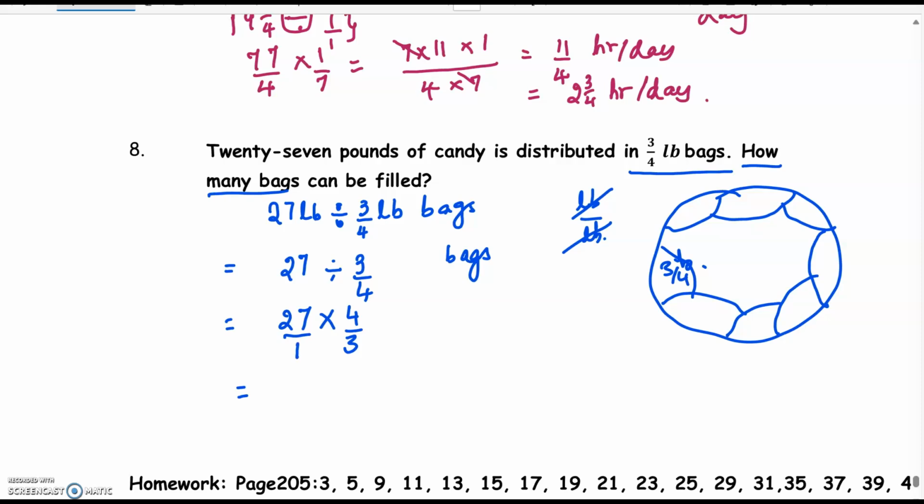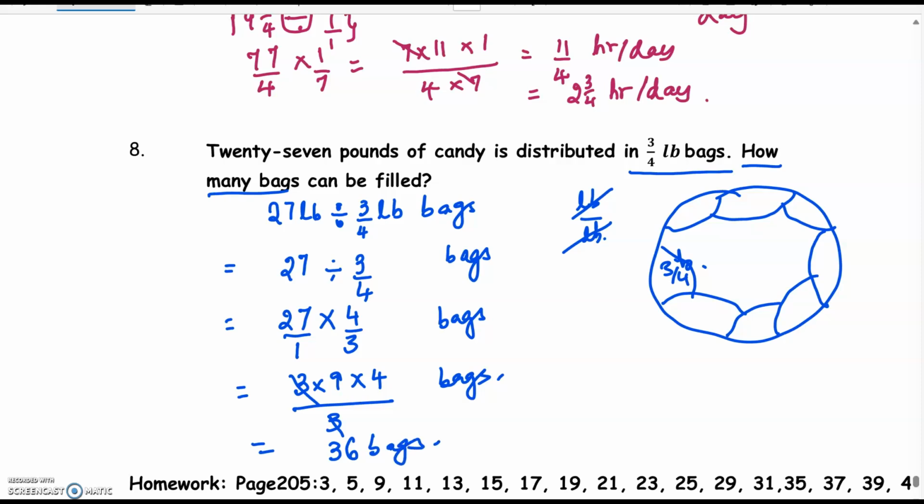So 27 is the same as 27 over 1. 3 goes into 27 9 times. 3 9s are 27, divided by 3, and 9 times 4. Remember, it's not pounds, but it's the number of bags. Pounds got cancelled. So this is 9 times 4, 36 bags of candy.